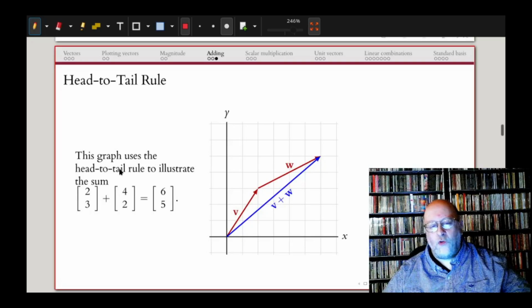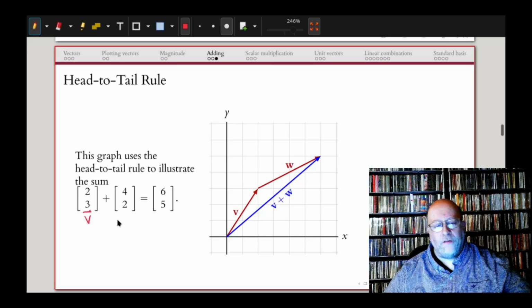Visually, if we wanted to graph a sum of two vectors, let me show you this example. We could add these two vectors v and w by starting at the origin, traveling along the vector v, which is 2 units to the right, 3 units up. And that's where v takes us.